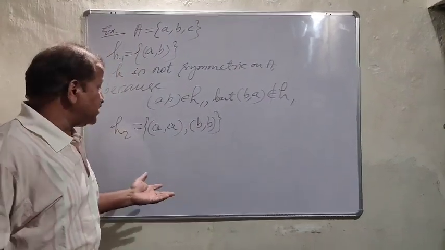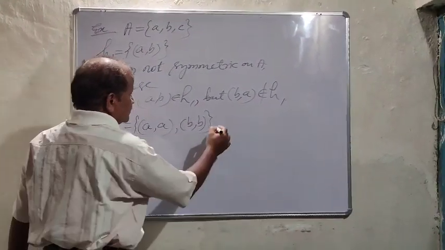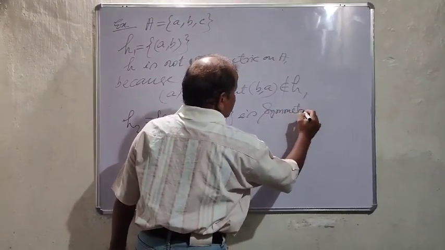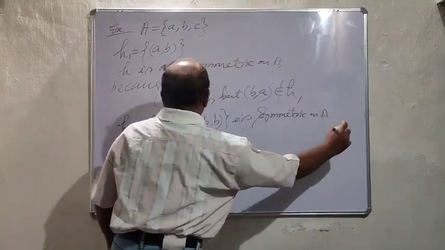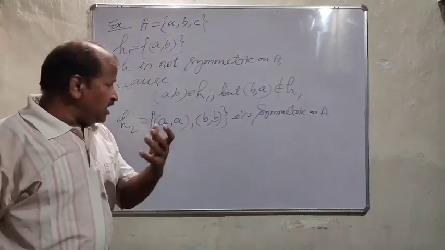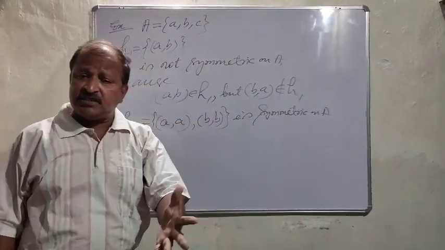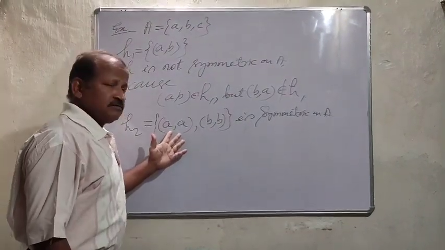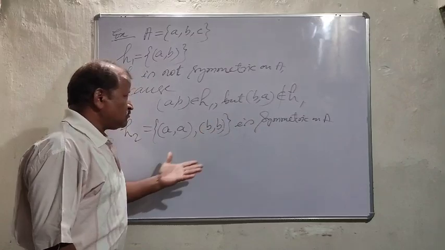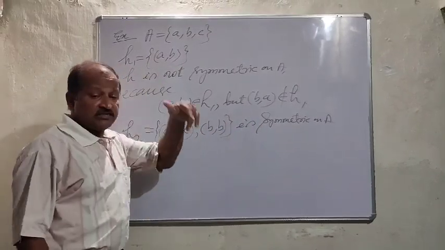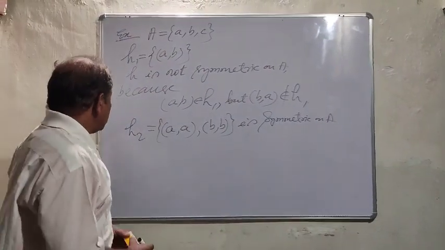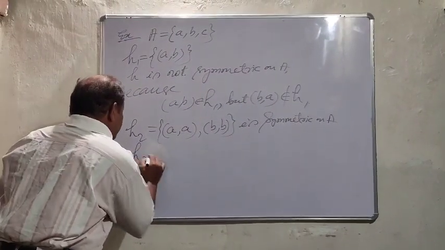Yes, it is symmetric on A. Why? Because we are unable to find such an example where x is related to y but y is not related to x. Can you find? No. It is not possible to find such an example to counter the definition. Okay. Next, H3.